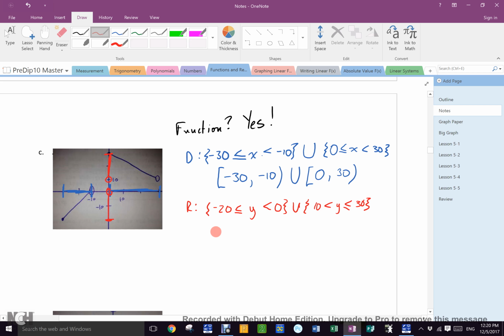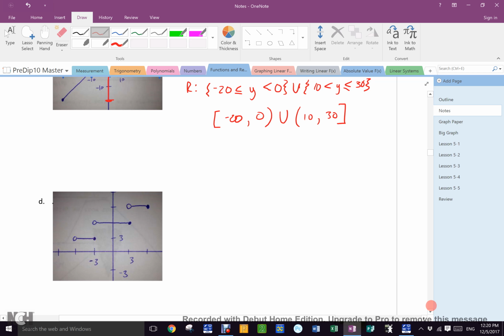Use the knowledge that you already have to solve a new problem. Square bracket, negative 20, comma, 0, round bracket, union, and then the round bracket, 10, yay! No. Unless I ask for one specifically, I don't care which one you use.